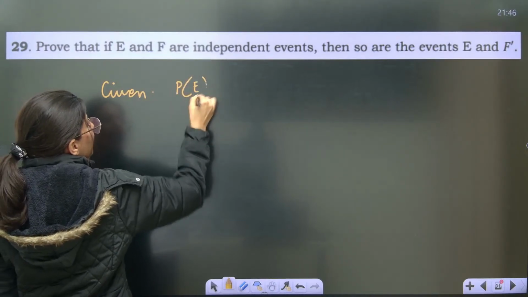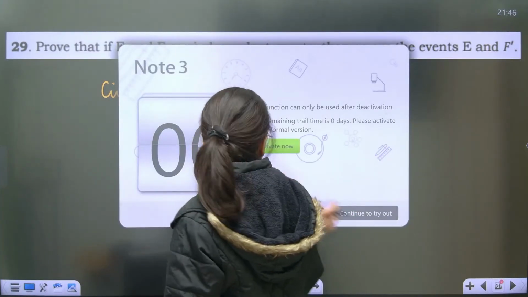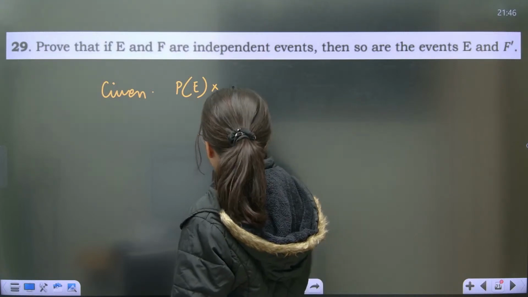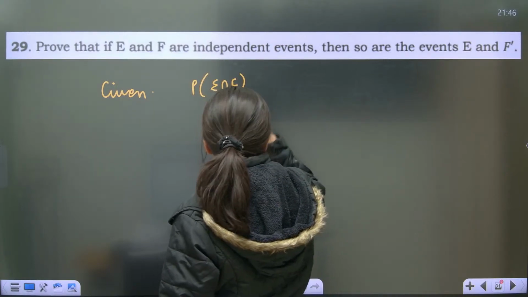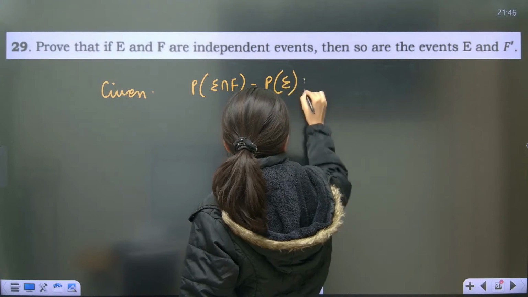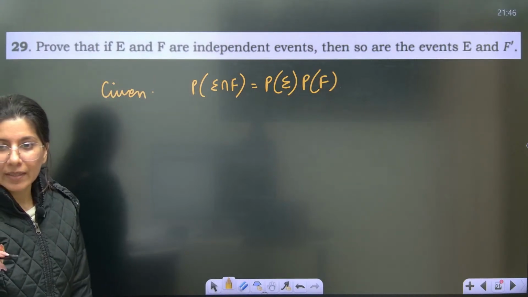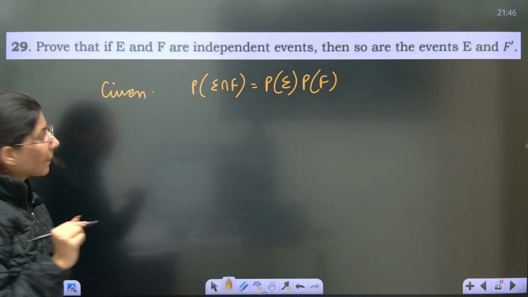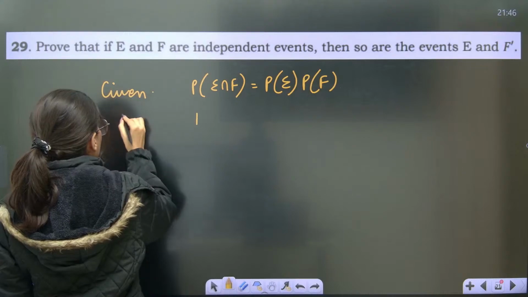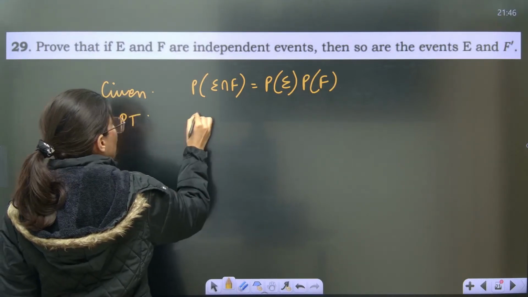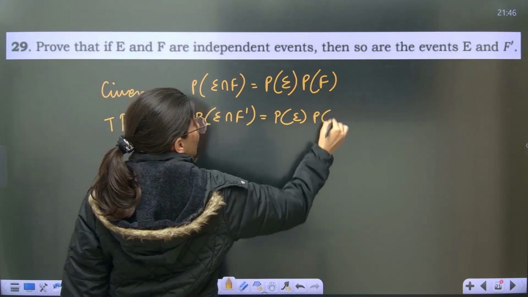That means probability of E intersection F is probability of E multiplied by probability of F. So this is given. Now to prove that probability of E intersection F dash is probability of E, probability of F dash.